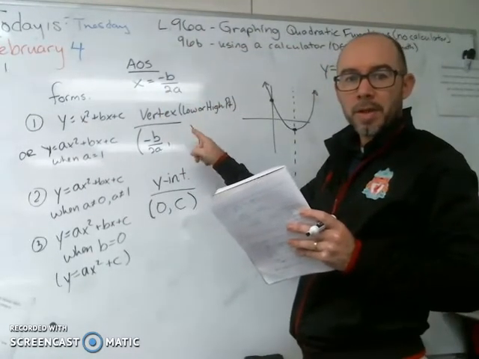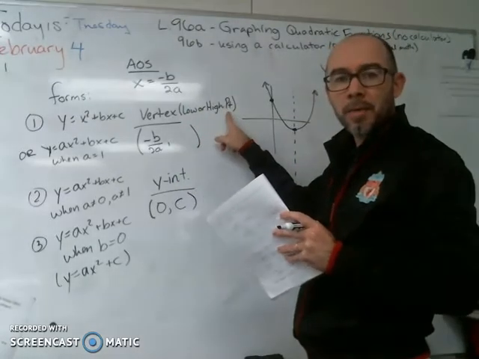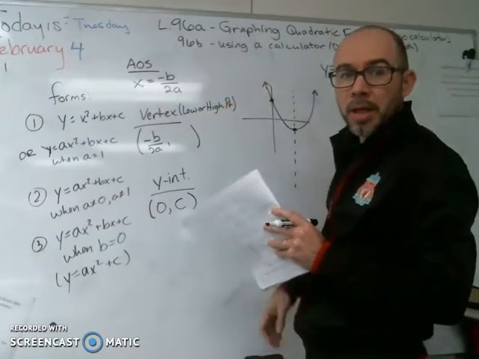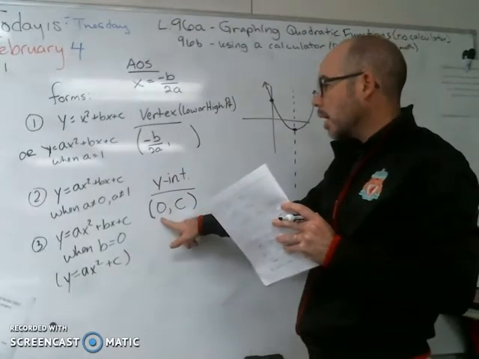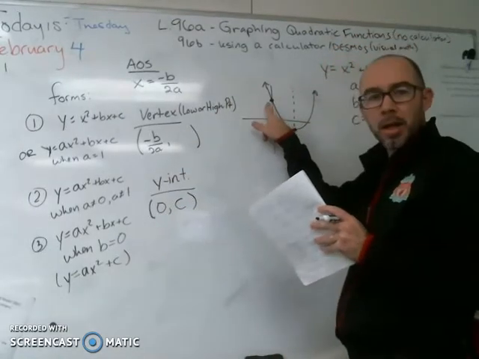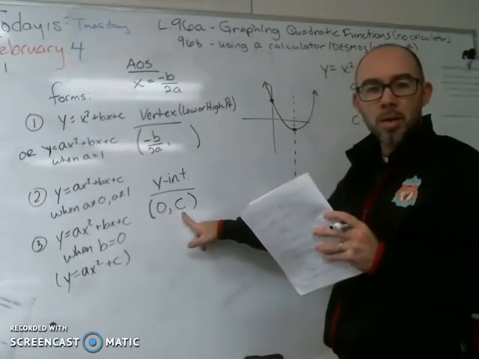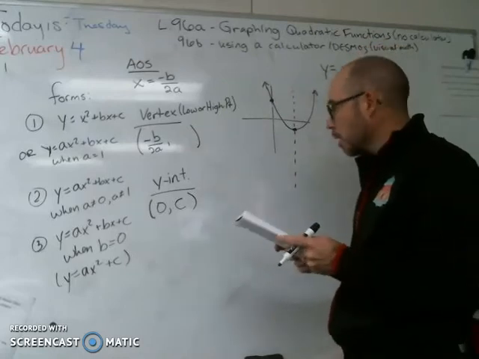I got what I talked about first for the vertex, which is either our lowest or our highest point, depending on if our parabola opens up, then it has a lowest point, and if it opens down, it has a highest point. There's its x address. We'll talk about the y address. And the y-intercept, which is where it crosses the y-axis, has the address 0, c, as in x squared plus bx plus c.